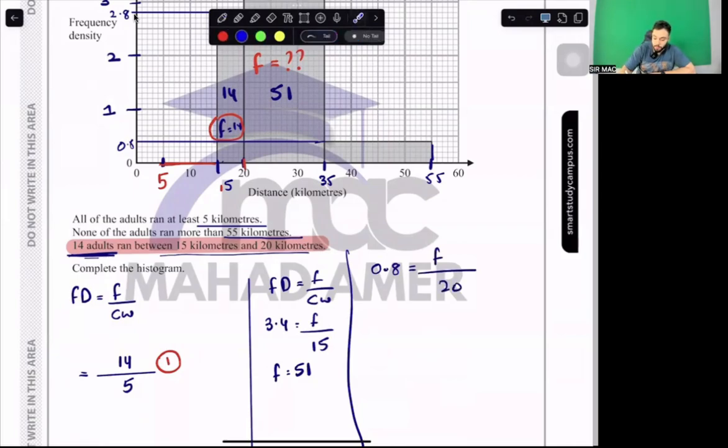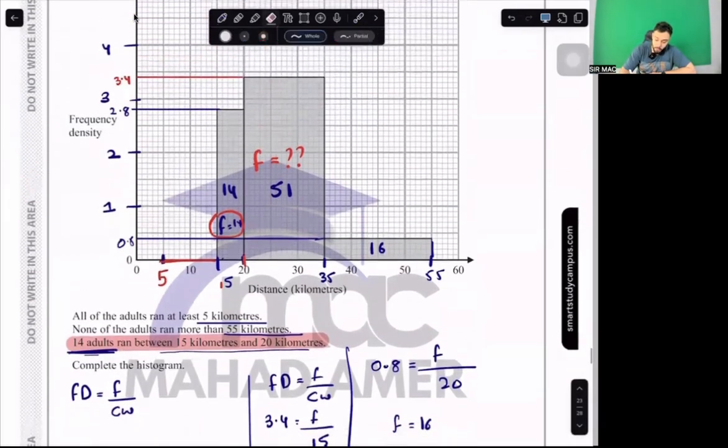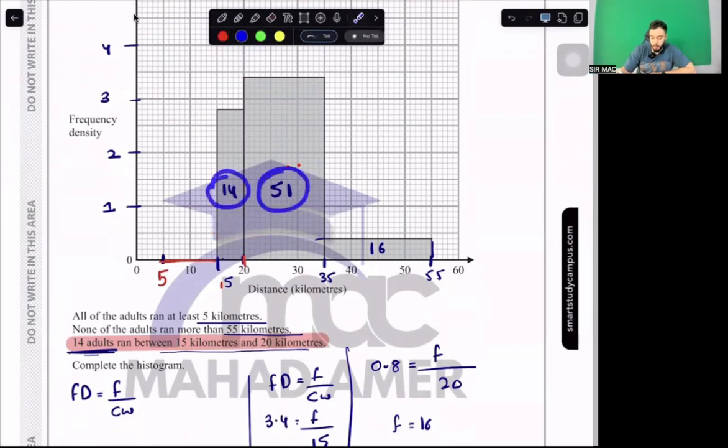From 35 till 55, we have 20 width. So 20 times 0.8, I would get the number of people, which is 16. These are 16 people. Last but not least, since I am required to complete the histogram, just rub out the extra things. So I've got 14, 51, and 16.